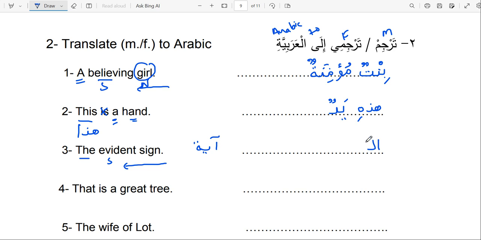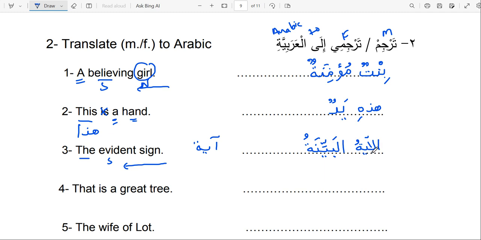Ayatu al-bayyina. Bayyina has a shadda, noon and ta marbuta. Ayatu al-bayyinatu. So this is the translation. Al-ayatu al-bayyinatu.